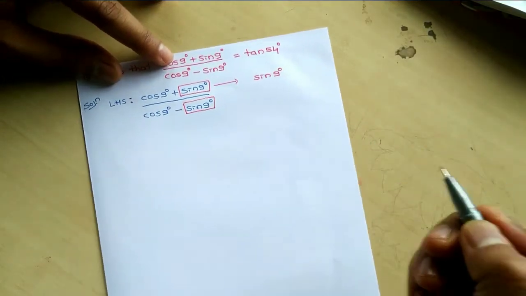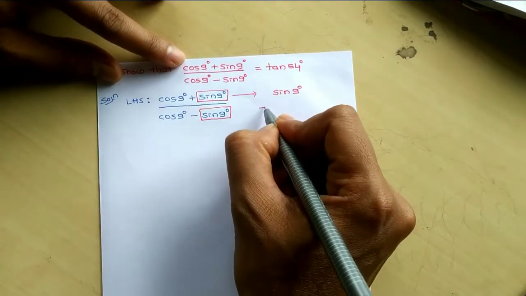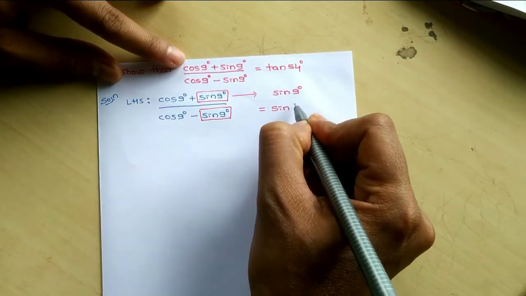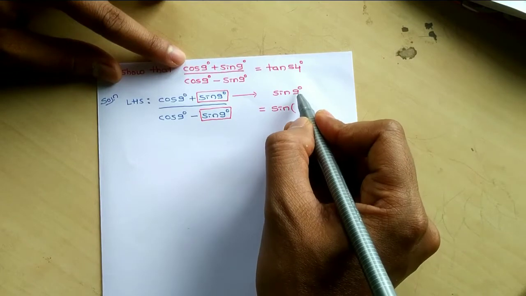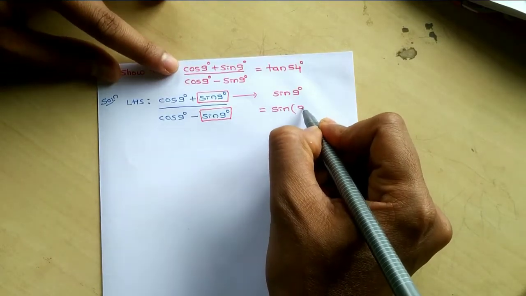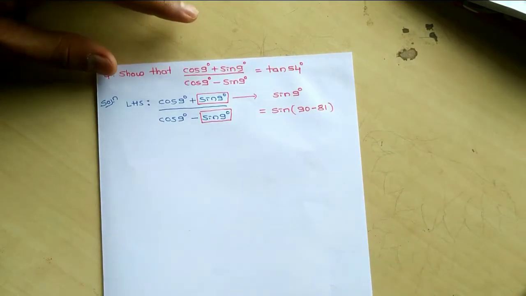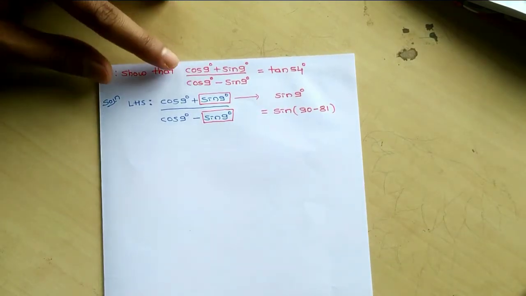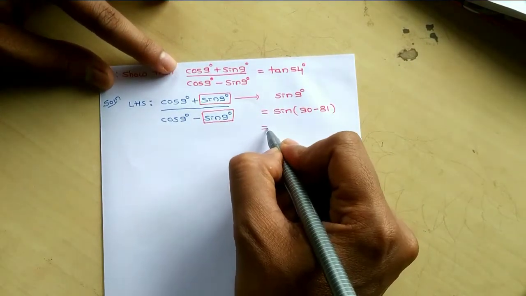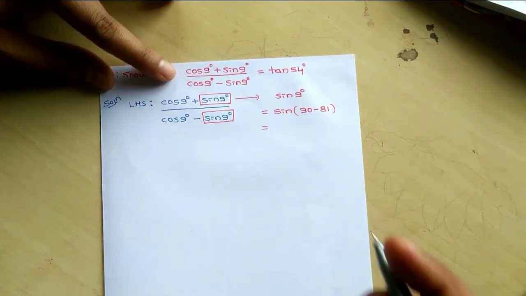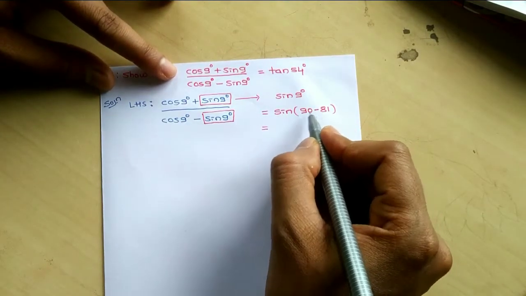So which is equals to sin, I am going to keep it as it is. This 9 degree can be written as 90 minus 81, correct? 90 minus 81. So which is equals to, it is in the allied angle form.